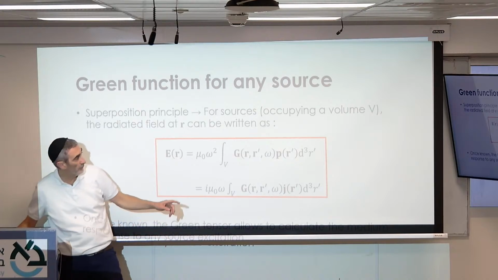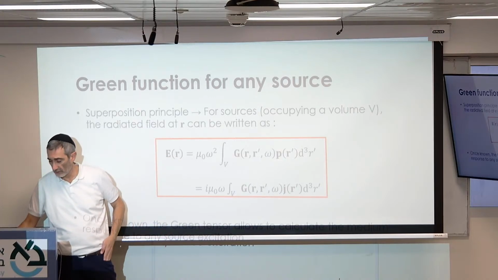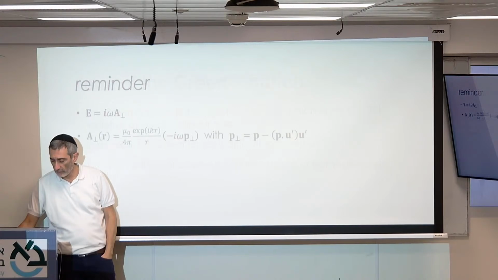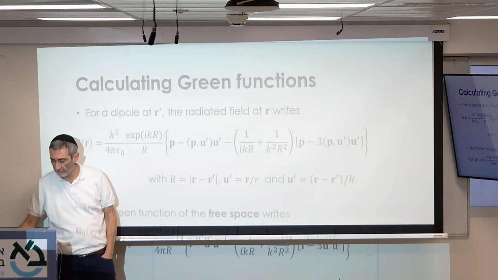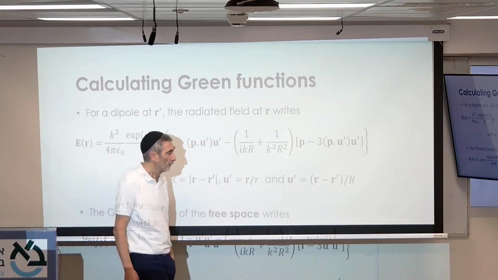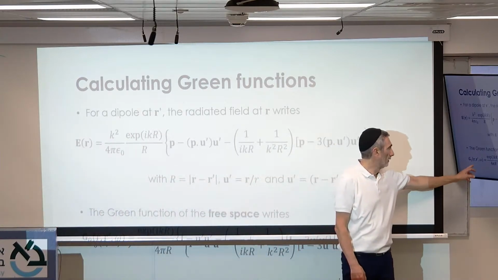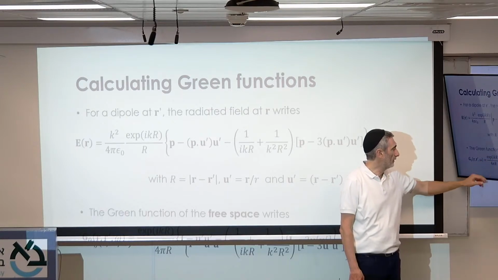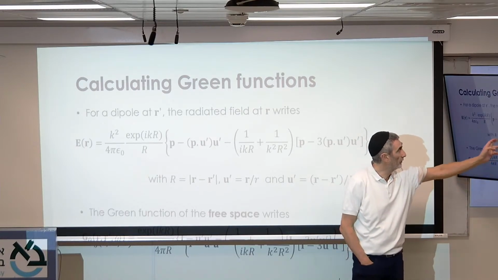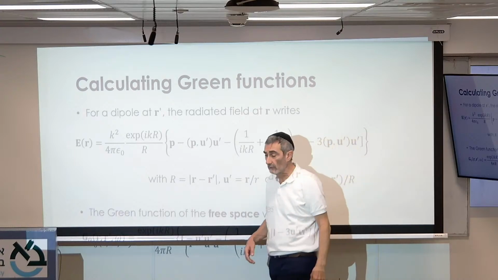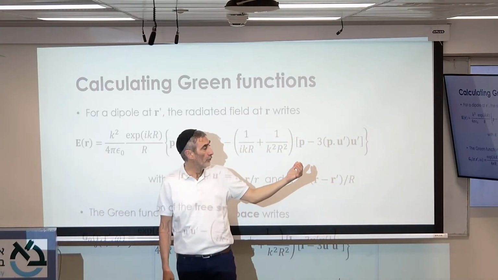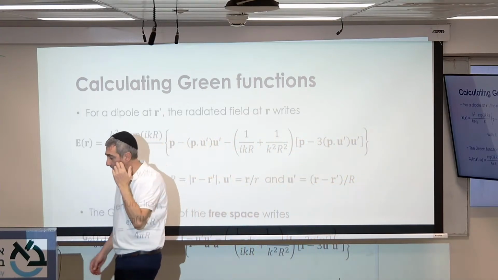Once we can write the full expression for E and the Taylor expansion of the field, you can have a Taylor expansion for G, exponential ikR with 4 pi R in this term, which is the expansion here. The dipole moment P is factorized out.